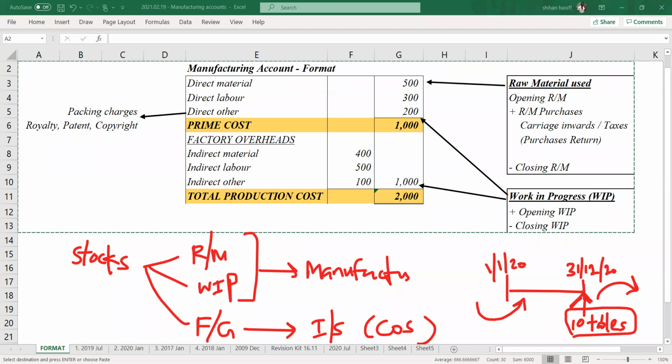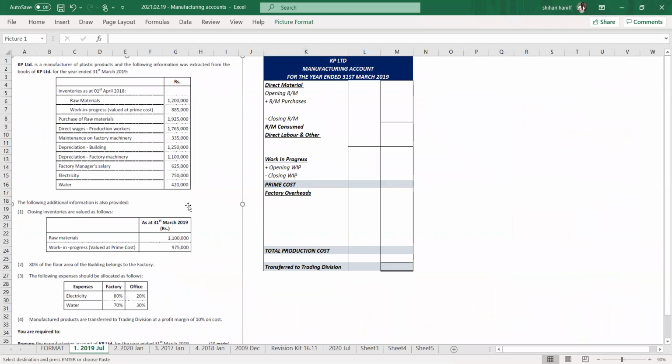So that's the basic format. Now let's move on to the question. When you do a few questions, you will understand this. You can answer any type of manufacturing accounts questions. Okay, so I'll do the first question.